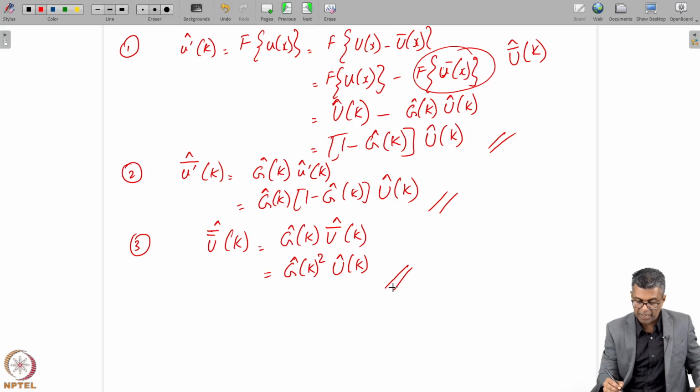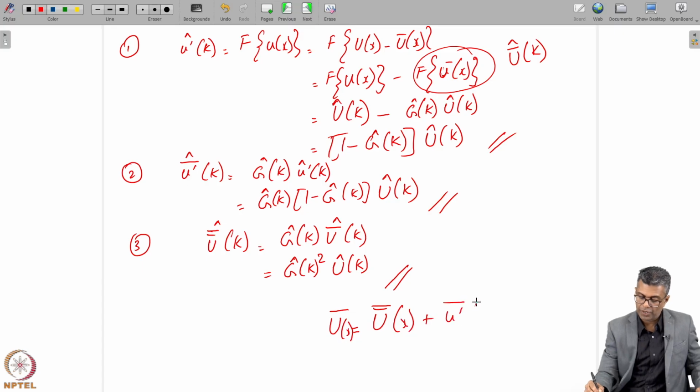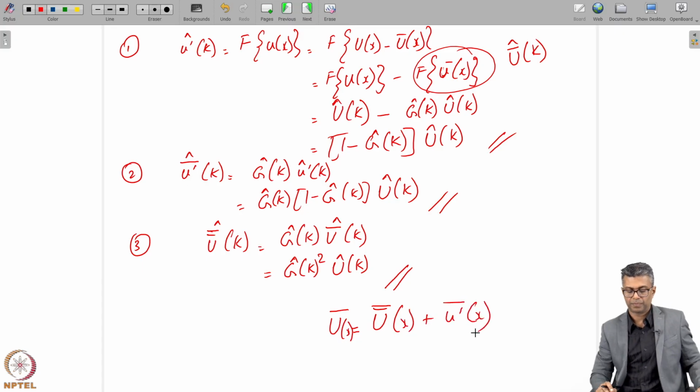Remember, the filtered variable is equal to u doubly filtered of x plus u prime filtered of x.